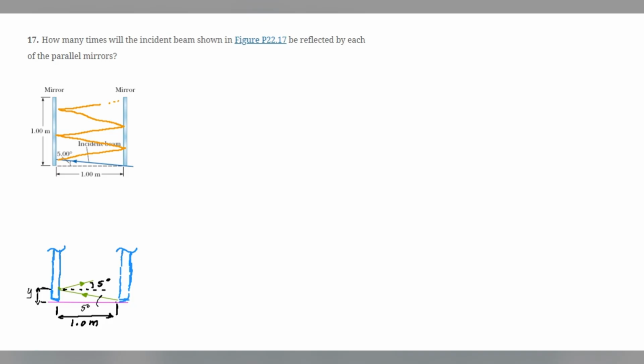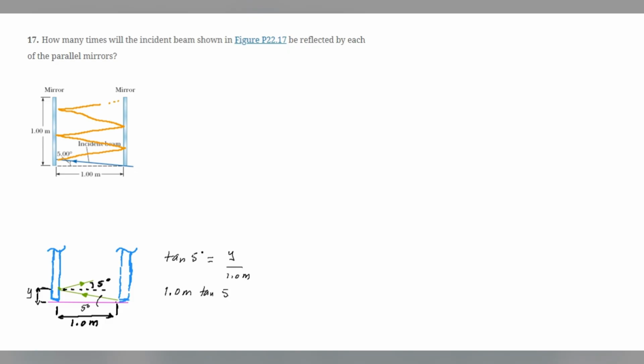So I will say that the tangent of 5 degrees will be opposite side over adjacent side. So it will be y over 1.0 meter. So you can say that 1.0 meter times the tangent of 5 degrees is equal to y.